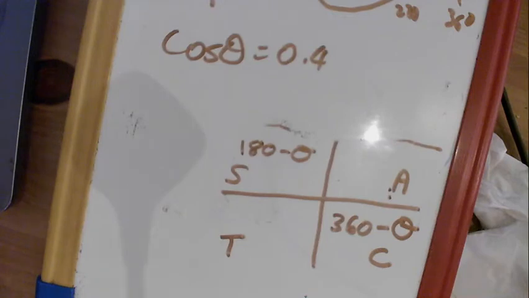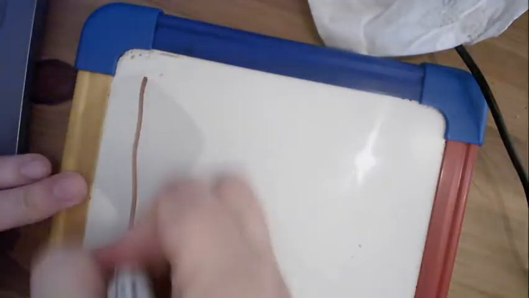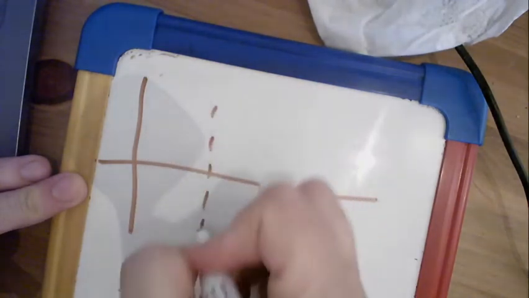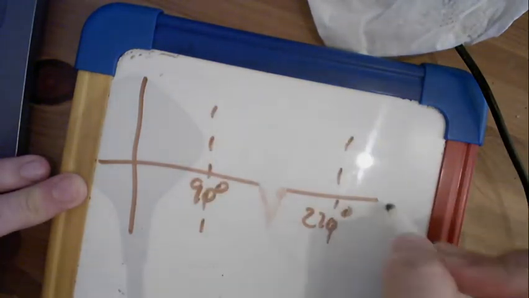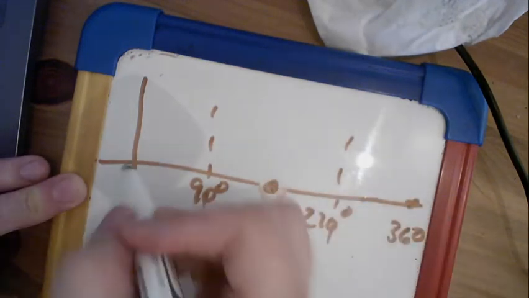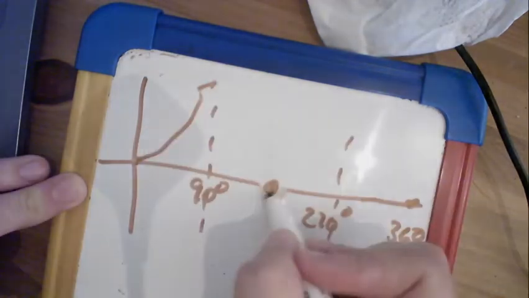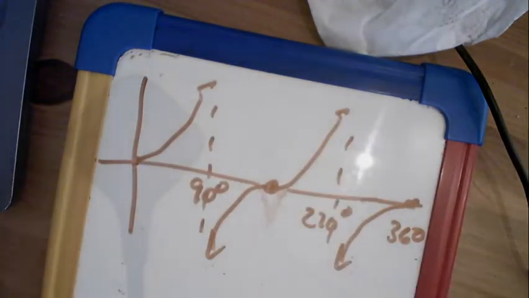Let's do tan using the same way. So tan, the graph of tan is that weird one where you've got the asymptotes occurring at 90 and at 270, and at 360 you've got a 0, and 180 you've got a 0, and 0 you've got a 0. And it goes up, down, up, down. Now, same thing again.